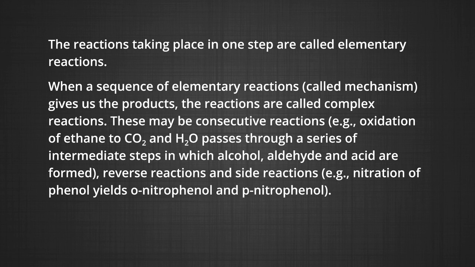These may be consecutive reactions. Example: oxidation of ethane to carbon dioxide and water. It passes through a series of intermediate steps in which alcohol, aldehyde and acid are formed. There are also reverse reactions and side reactions. Example: the nitration of phenol yields ortho-nitrophenol and para-nitrophenol.